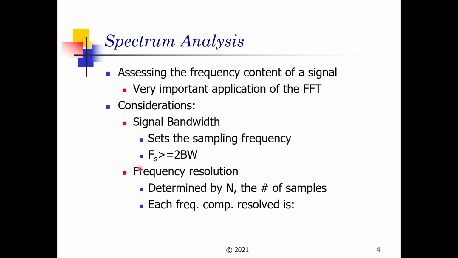We also watch the frequency resolution, determined by the number of samples we use to represent our signal from continuous time into discretized time. We also saw that the frequency bins are spaced by delta f, which is the sampling frequency divided by the number of samples that we took.